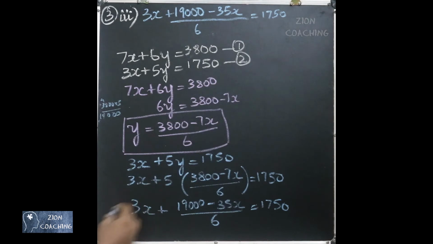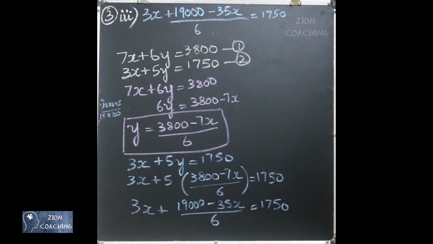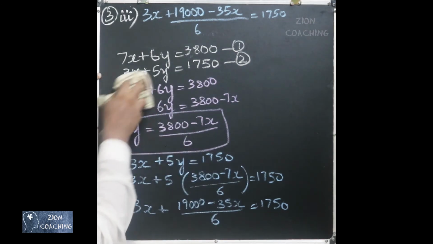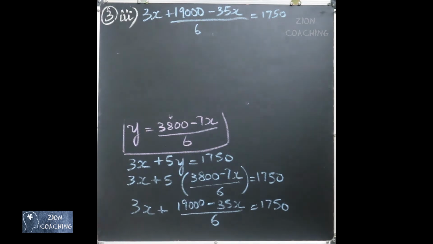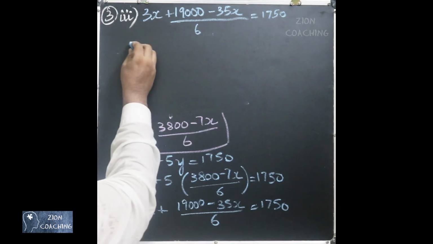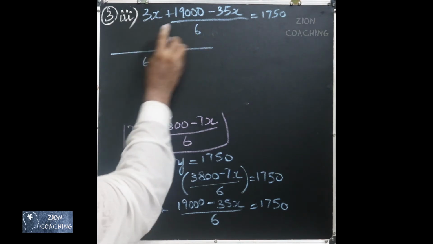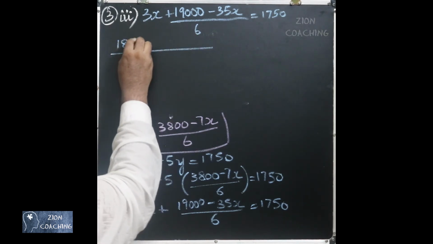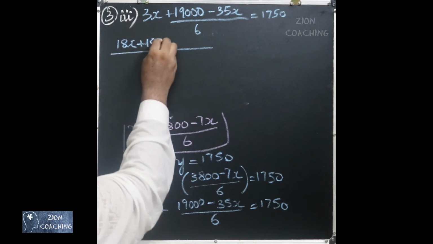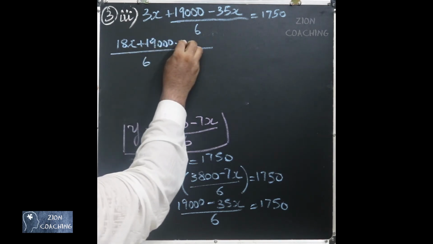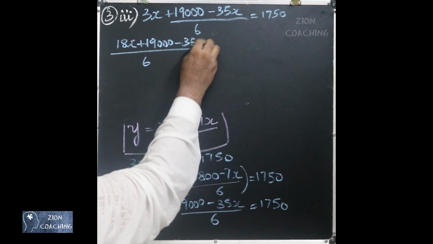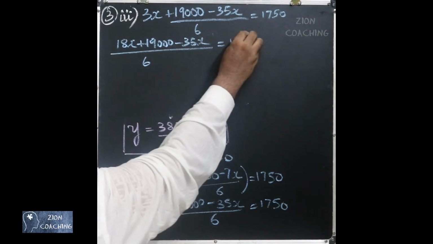We will take LCM. When we are taking LCM, I will just keep that equation and erase other things. Now when you take LCM, the LCM is going to be 6. 3 into 6 is 18x plus 19,000 minus 35x equal to 1750.